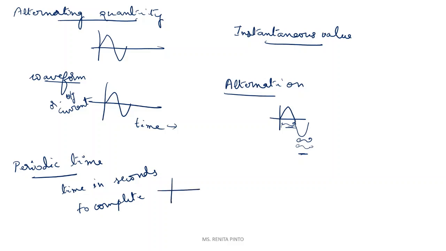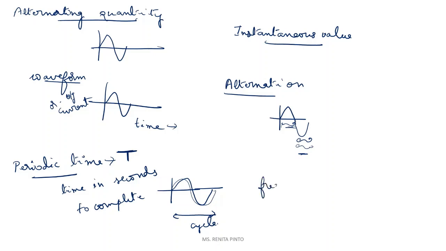So what do you mean by a cycle? Cycle is nothing but a full set of positive and negative values. This is called a cycle. So time taken in seconds to complete this one cycle is called the periodic time. So periodic time is denoted by the capital letter T.